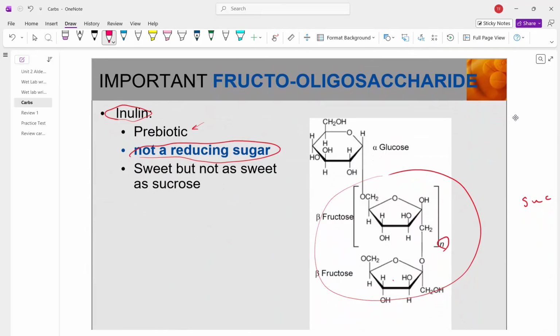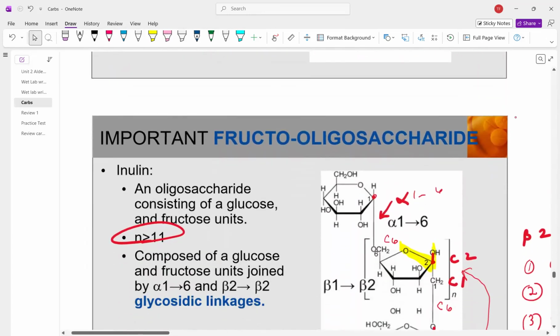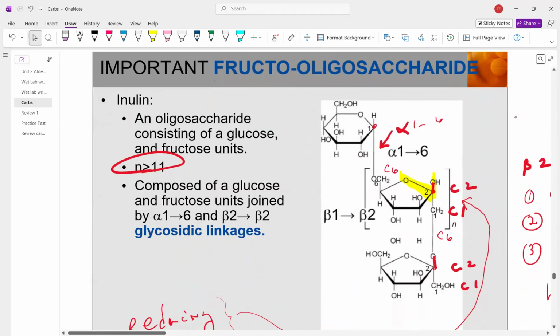No hemiacetals present, so it's not a reducing sugar. And you'll frequently see it as a component of, and it's called inulin. And it's frequently used as a non-active component. You know, you have active components, non-active on your tablets, and usually the inactive ones are binders. And that's what this is used for.